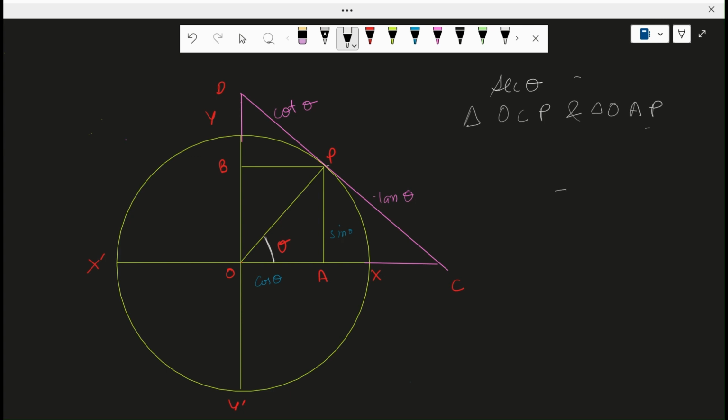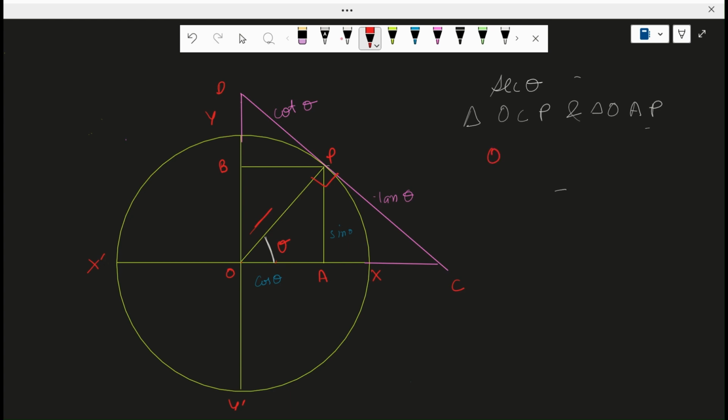So by similarity of triangles, if we look at triangle OCP, this will be 90°, and if theta is this angle, then consider this as the adjacent side.